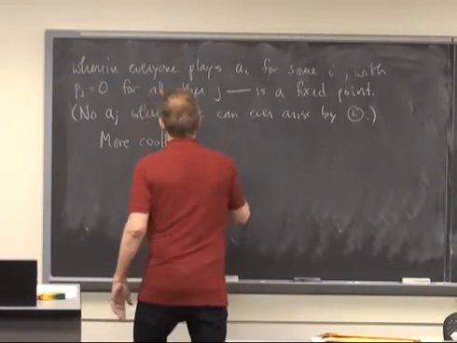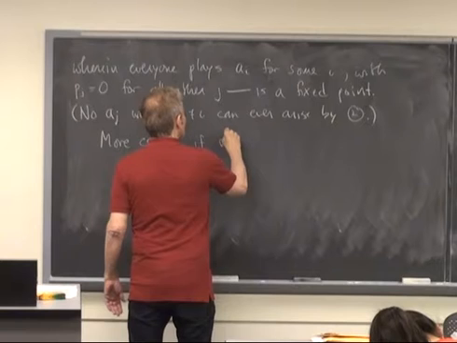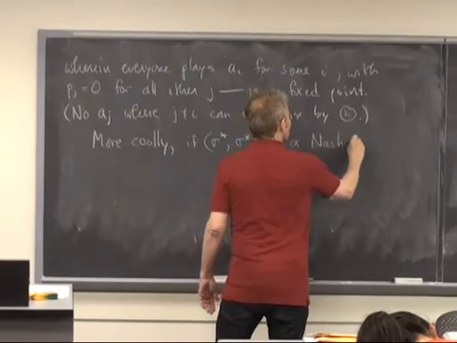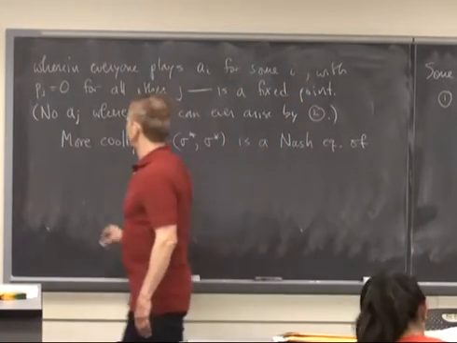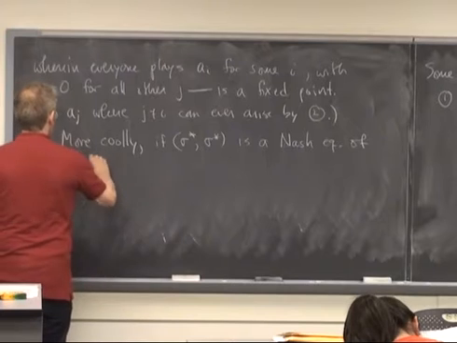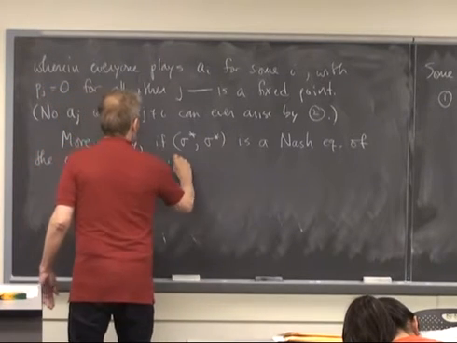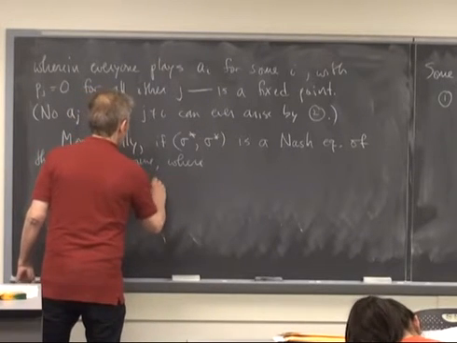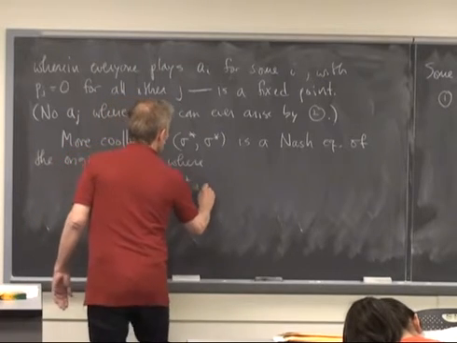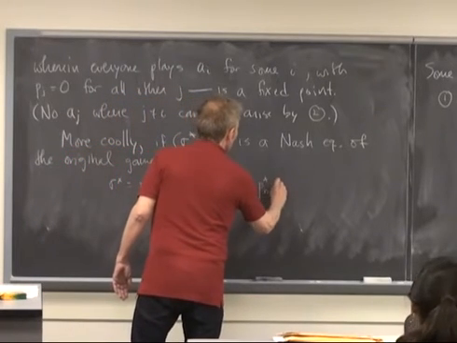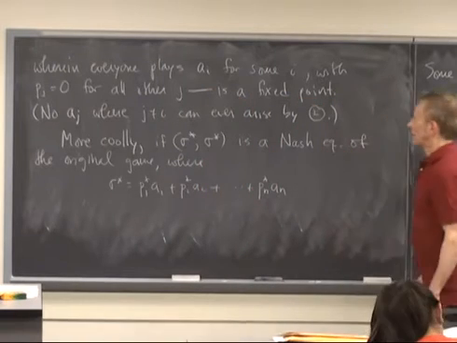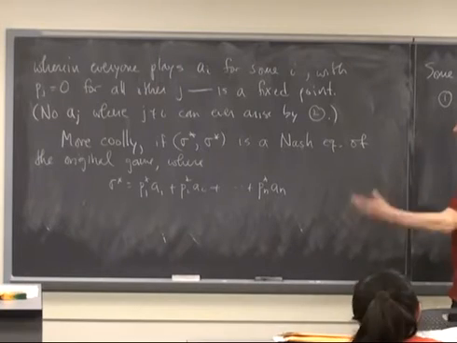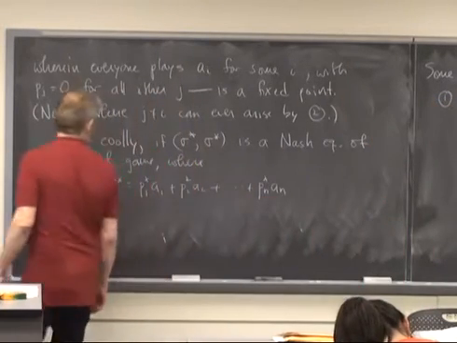if sigma star, comma sigma star is a Nash equilibrium of the original game, where sigma star is the mixed strategy P1 star A1 plus P2 star A2 plus up to Pn star An, then that population distribution that assigns P1 star to A1, P2 star to A2, and so on, turns out to be a fixed point of the replicator dynamics.